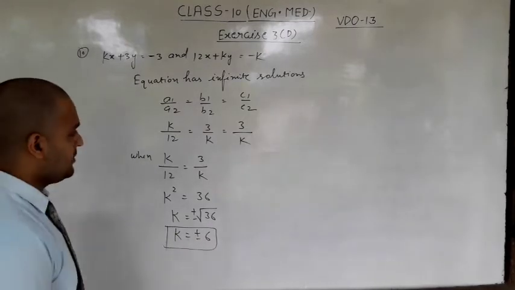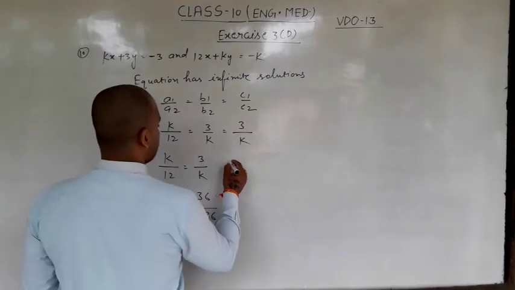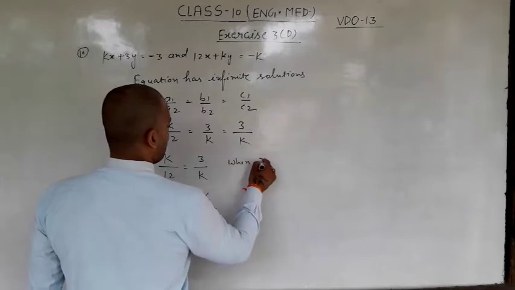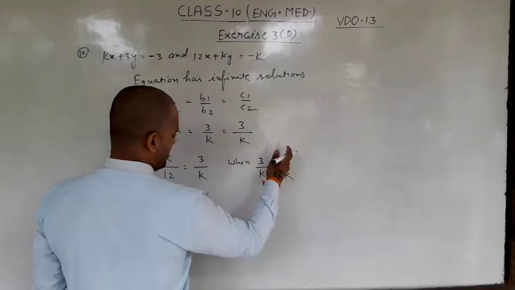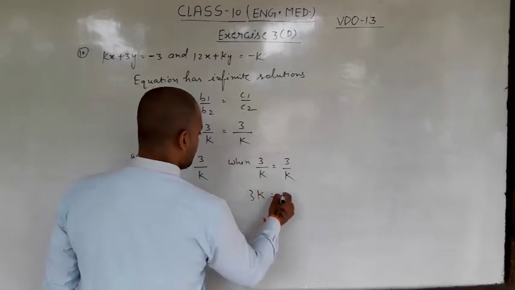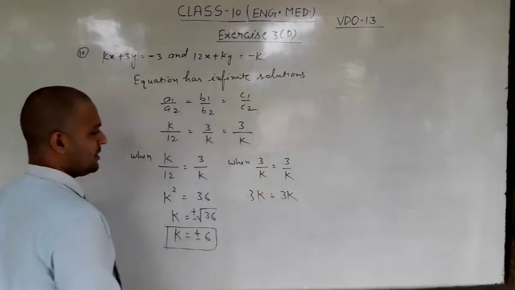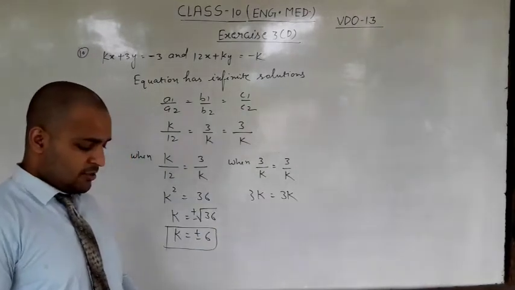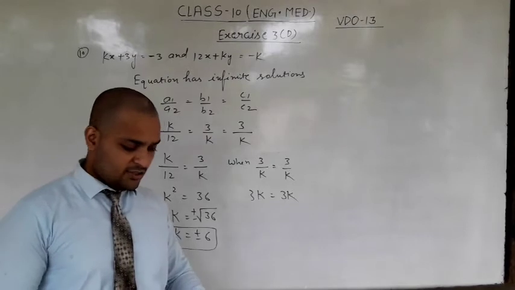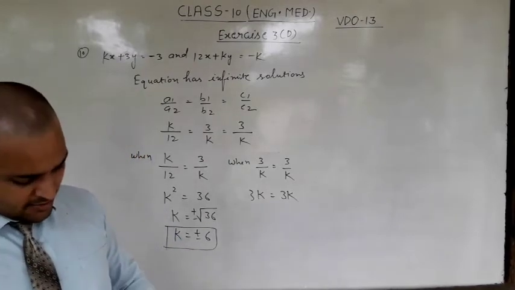Okay, now if we take 3 by k is equal to 3 by k, then 3k is equal to 3k. Now there is no condition from this because here is also k and here is also k. So your answer will be k is equal to plus minus 6.